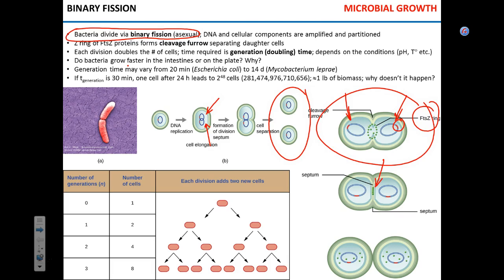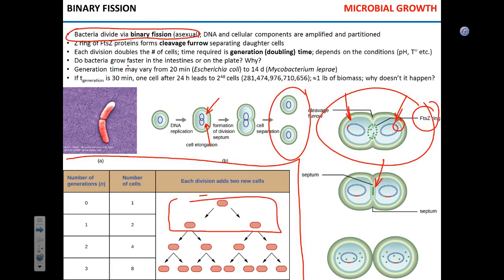If you look at the table here at the bottom, you will see that each round of cell division doubles the number of cells. So if we start with one cell, after the first round we're going to have 2. After the second, 4.